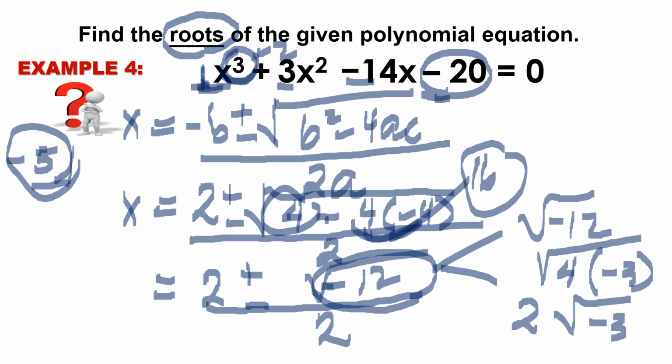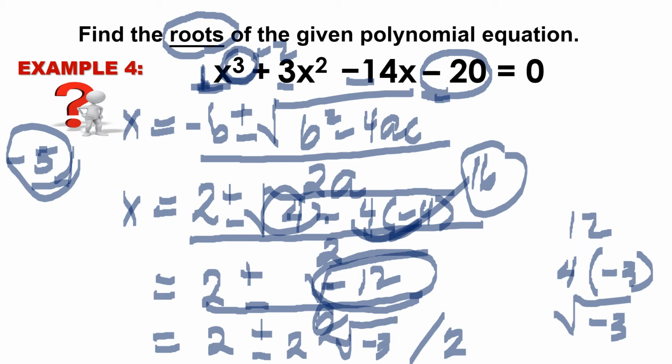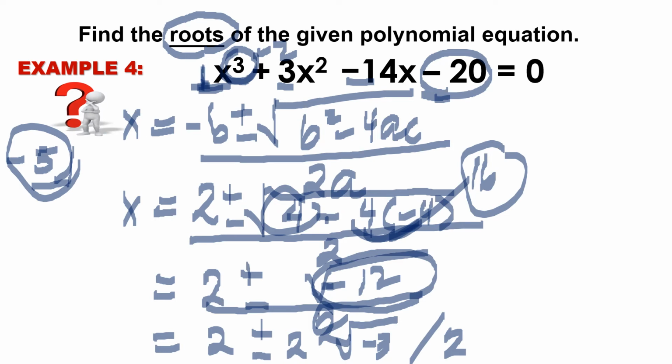So this will become 2 plus or minus 2 square root of negative 3 all over 2. This one, that's the 2. Then, let's continue simplifying this. Sorry for the messy computation. Math is really like this. You need to focus.